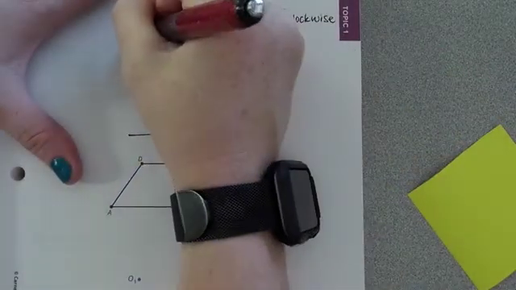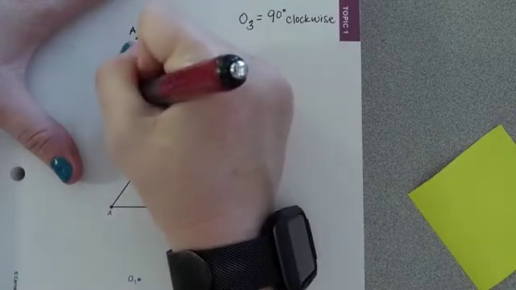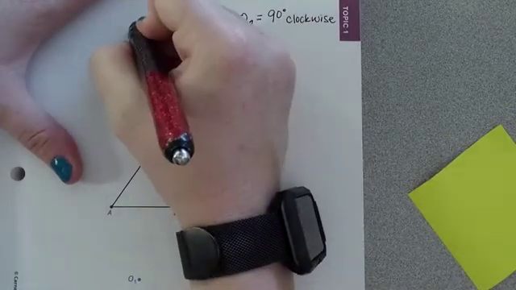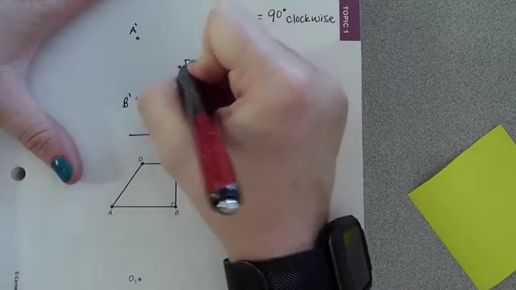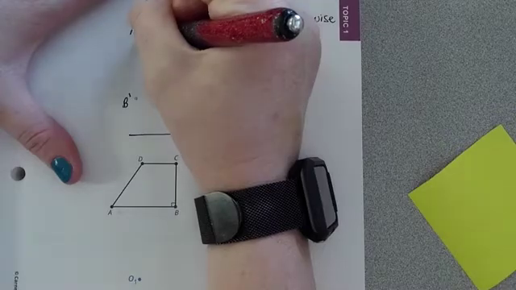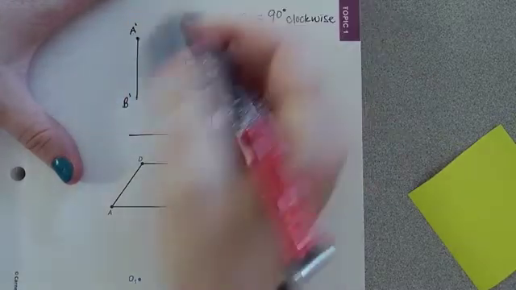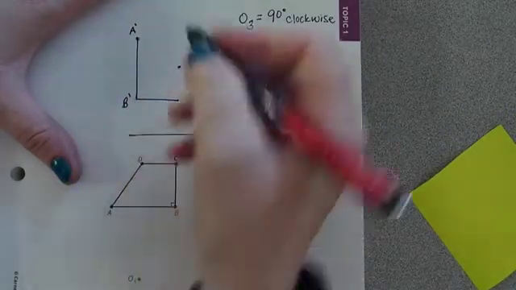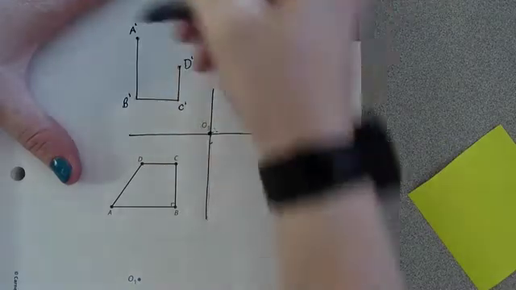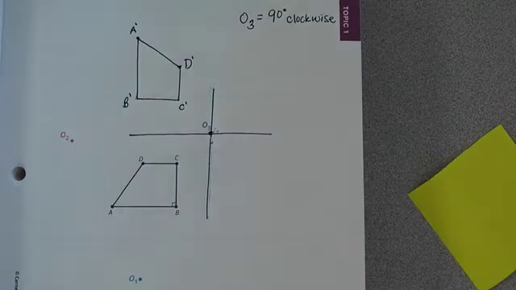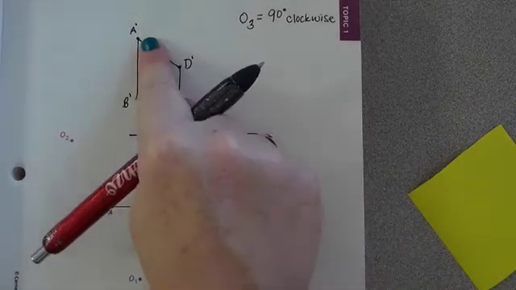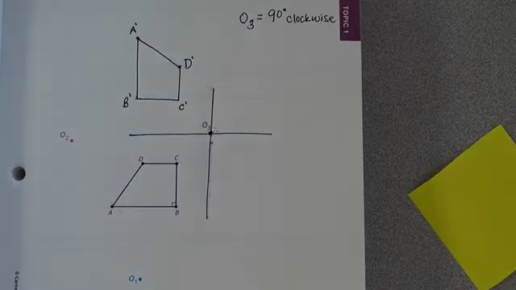And then we have A prime, B prime, C prime, and D prime. And yes, I know, I'm pretty good at drawing straight lines. That's just the way it works. So that rotated 90 degrees clockwise.